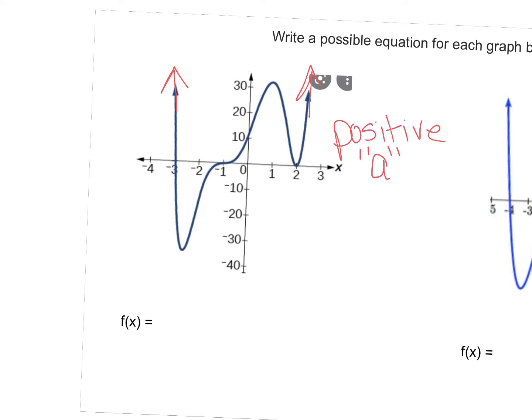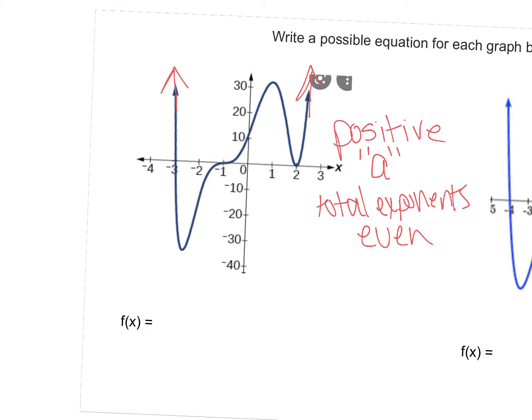Remember, A is just your lead coefficient. And then my total exponents, if I add them all together, is going to be even because both ends are going in the same direction. So that's the first thing that I notice about my graph.